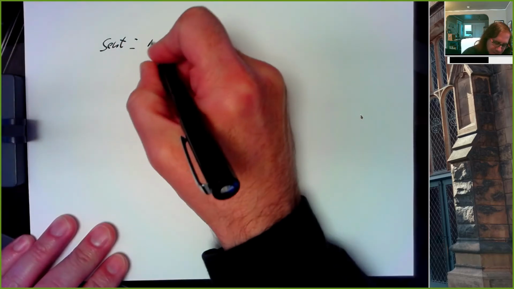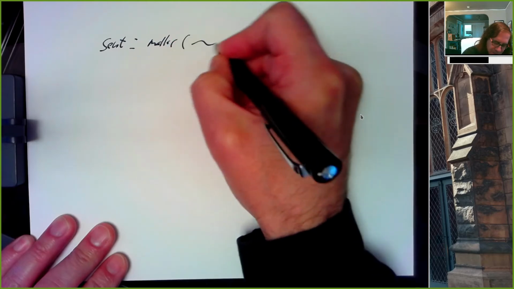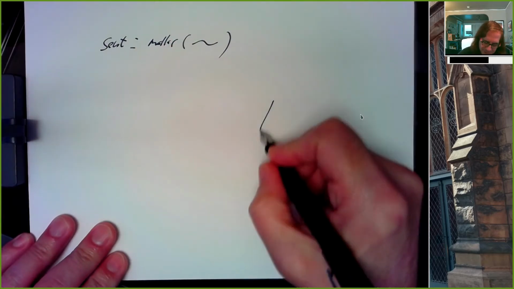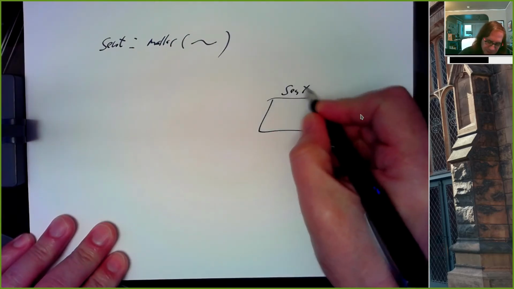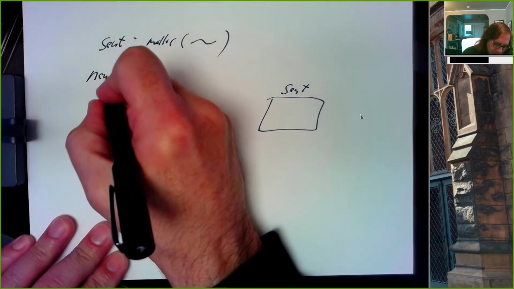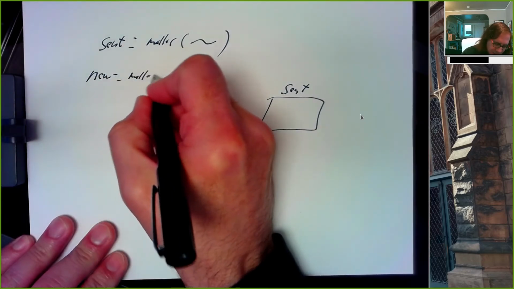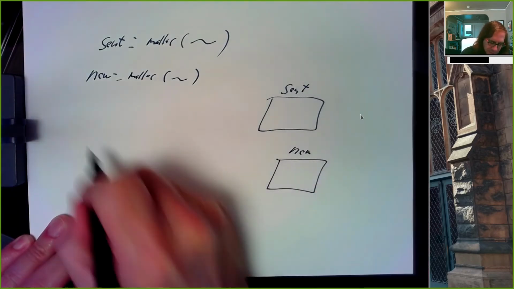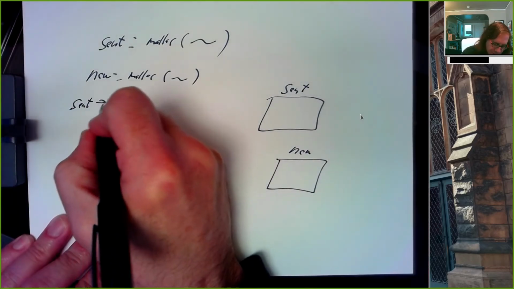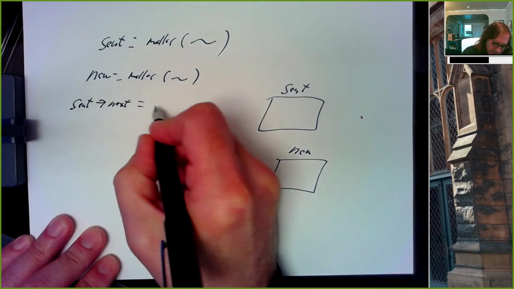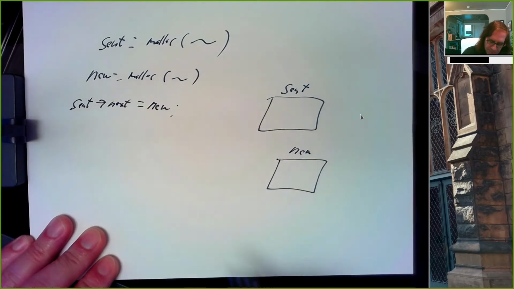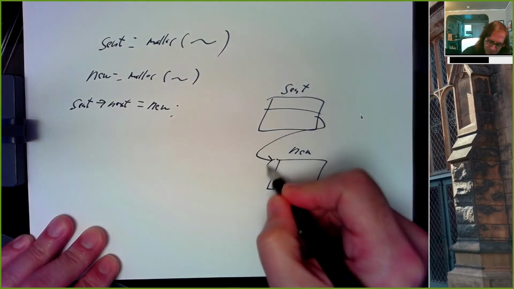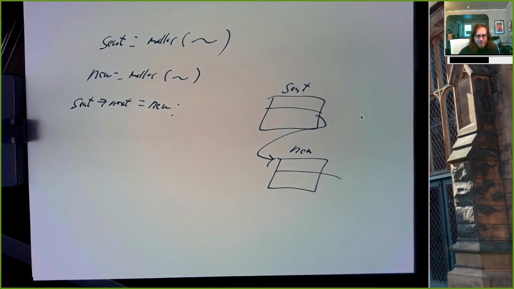So sentinel equals malloc, whatever, which makes a sentinel node. And then new equals malloc, which makes a new node. And sentinel next equals new. So this points over there. Well, at this point, I can change the value of my variable new.